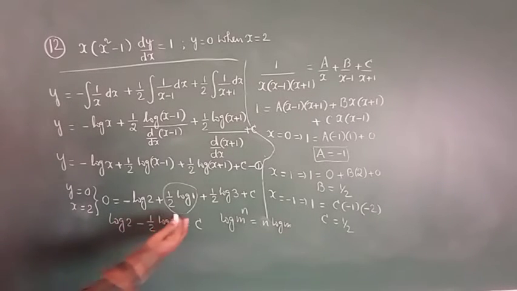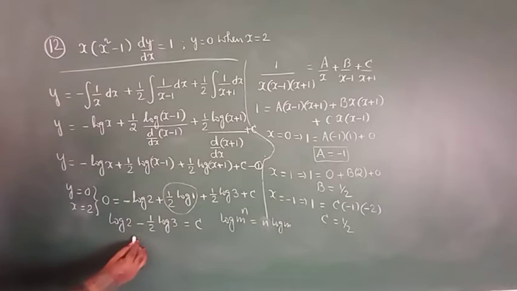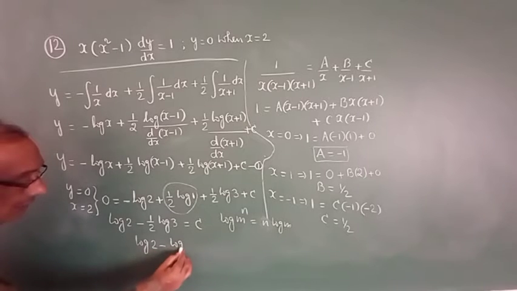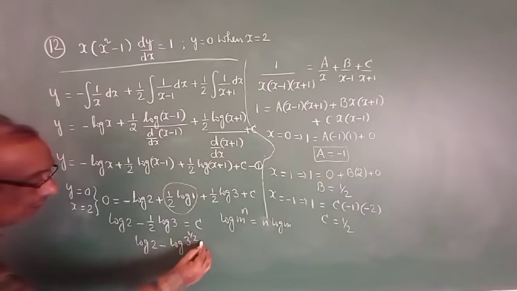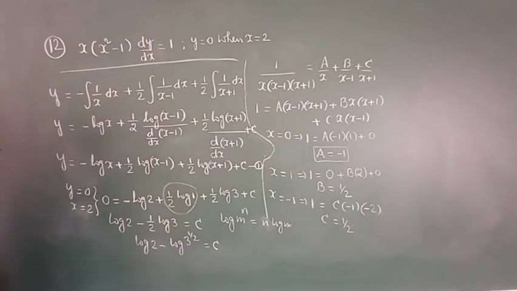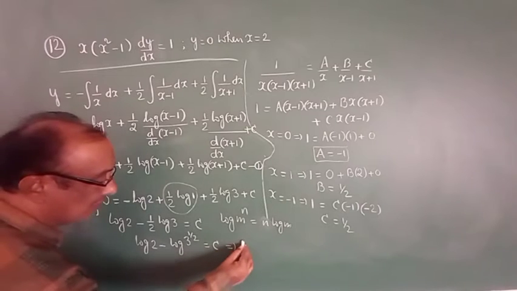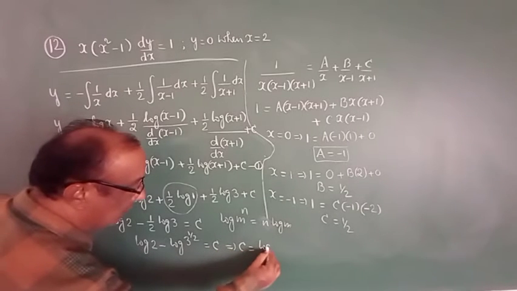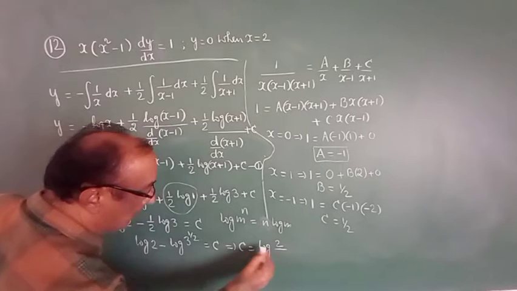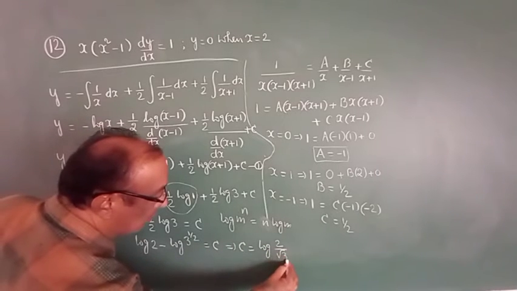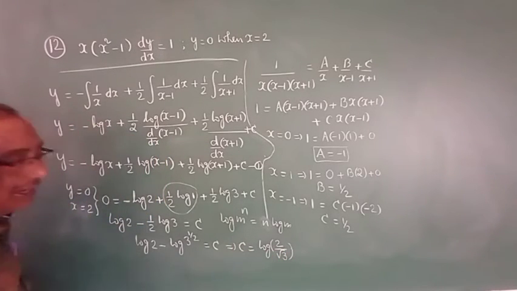So log 2 minus log of 3 power 1 by 2 is equal to c. Using the log m minus log n formula, c is equal to log of 2 by root 3. That is the c value.